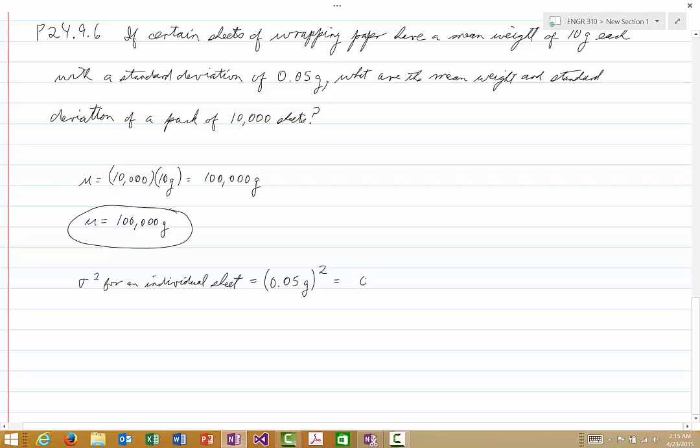And so we get 0.0025 grams squared. That's sigma squared for an individual sheet.